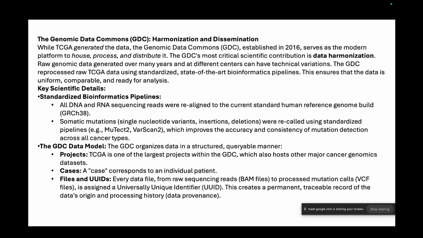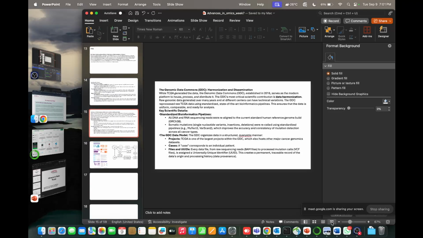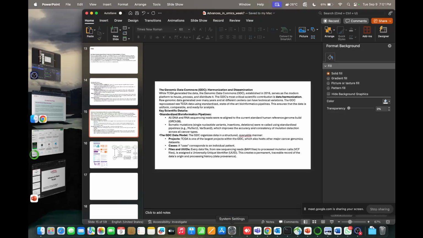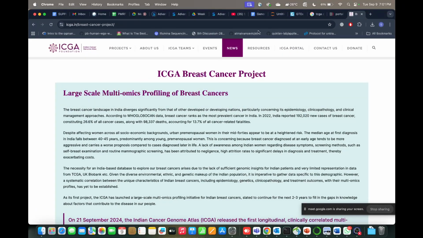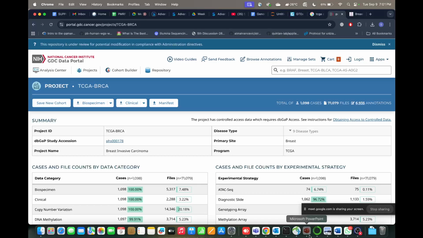Right. So for accessing TCGA data we have this data platform, which is the GDC. This was the page that I was showing you. You see, this is actually the GDC portal. This is not the TCGA portal. This is a GDC portal which contains the data from the TCGA project, right?